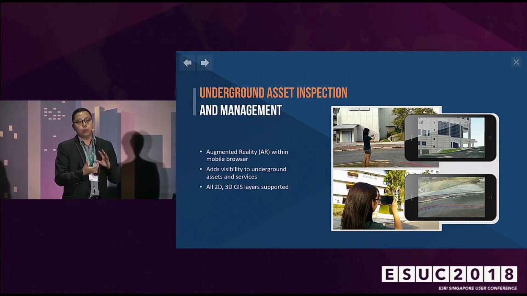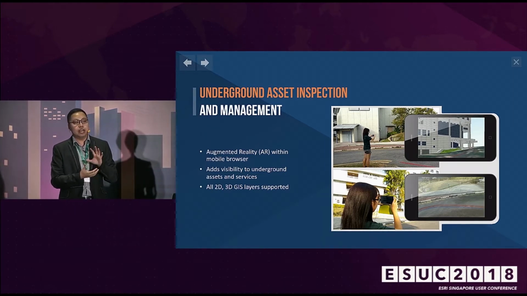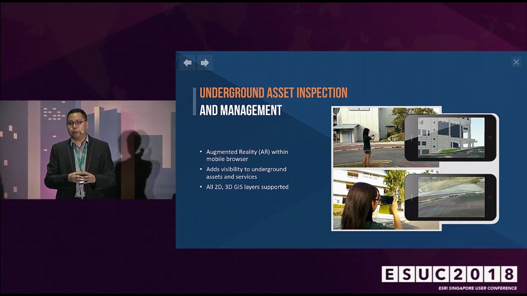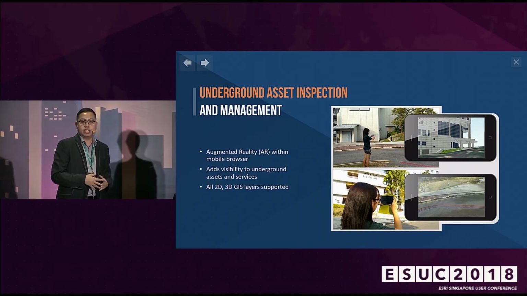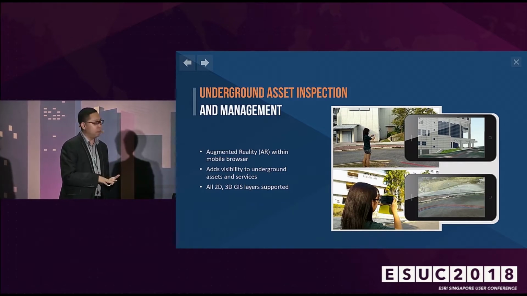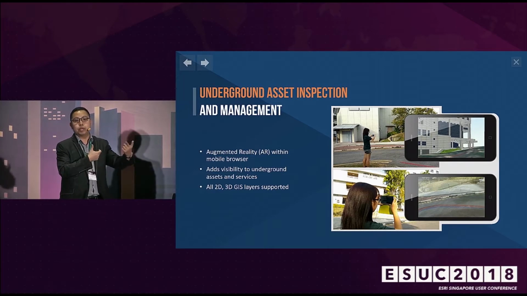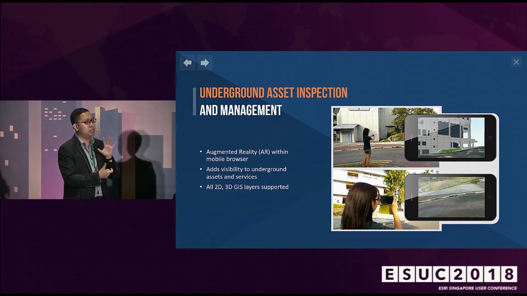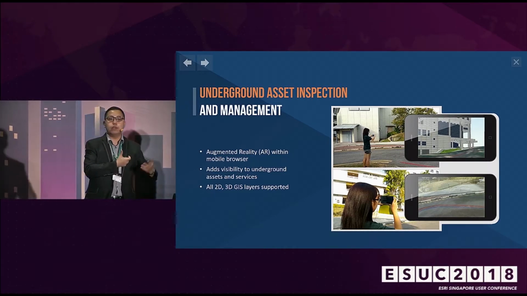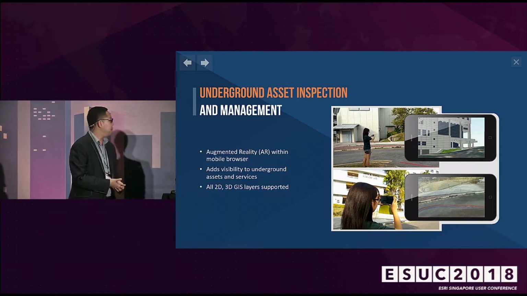And then we developed a library that allows AR within a web browser. In today's augmented reality, typically you need to install an app. But our library enables you to do augmented reality within a browser to superimpose GIS data layers, be it 2D or 3D, with the real world via the device camera.